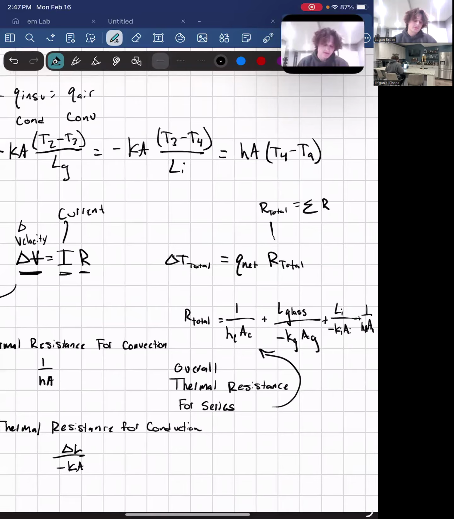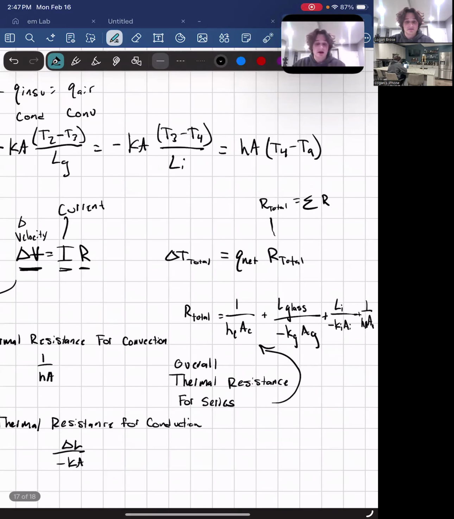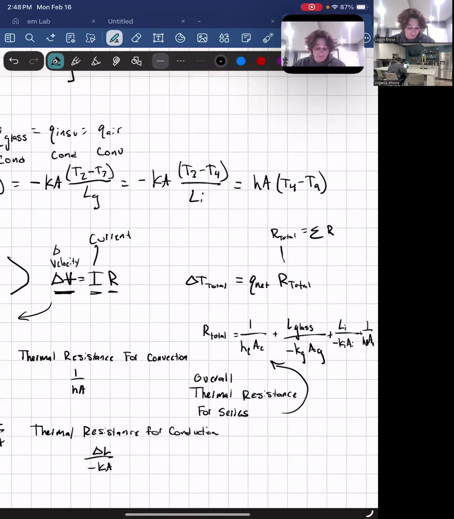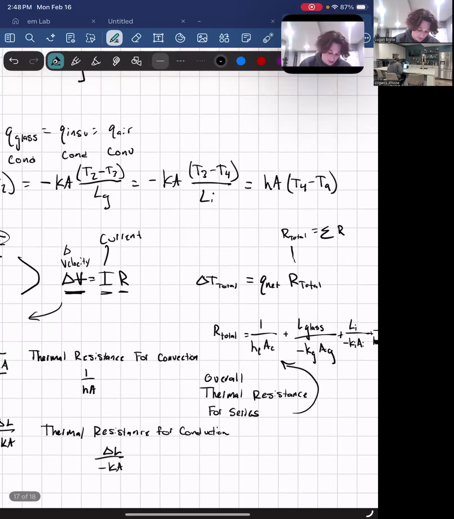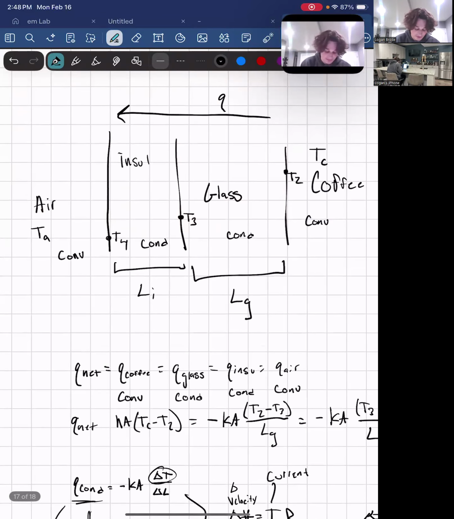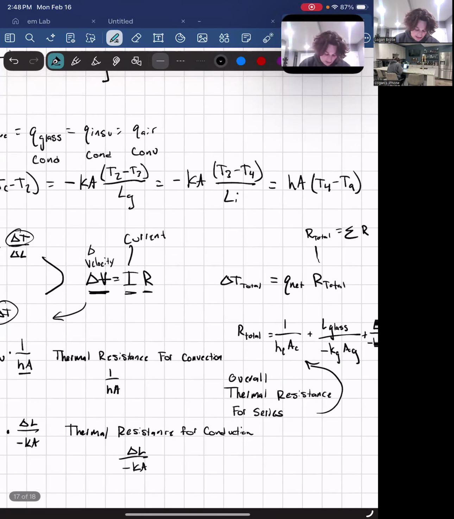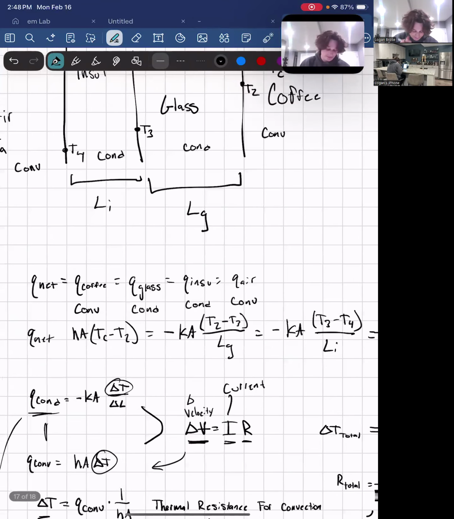So we have our individual sections. We take the sum of their individual thermal resistances, and whether it's for convection or conduction, we can figure out based on our picture, right? And so you'll do that individually for each section. So we have our convection, our conduction, and then our convection.